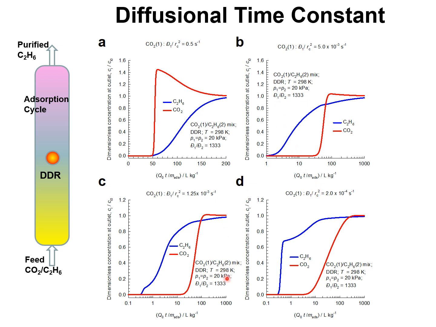With decreasing diffusional time constants, the breakthrough of ethane occurs earlier.